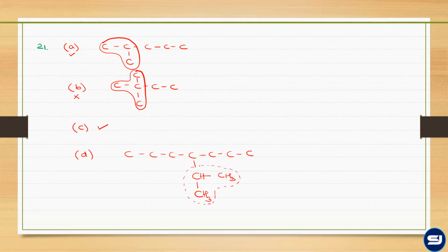If you know it directly, you get it without drawing the structure, and if you don't know, you can draw the structure and identify. So this also contains the isopropyl group. So 3 of the compounds in the question have isopropyl group. Clear?